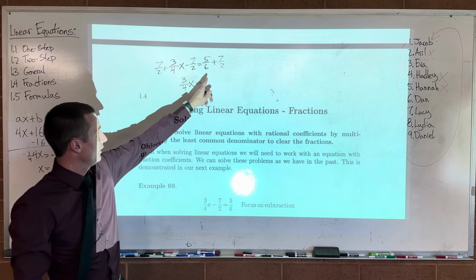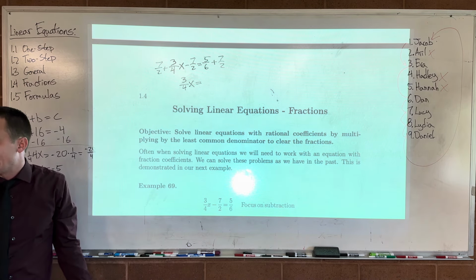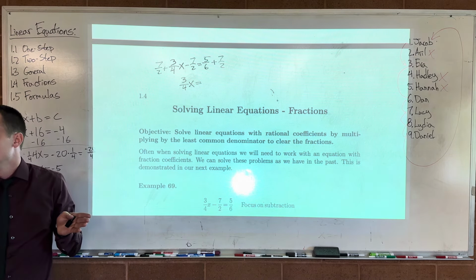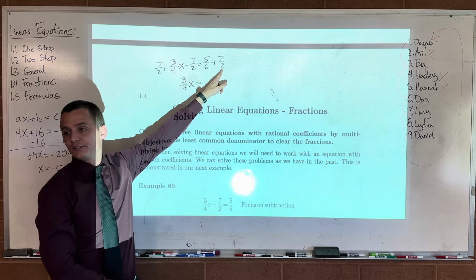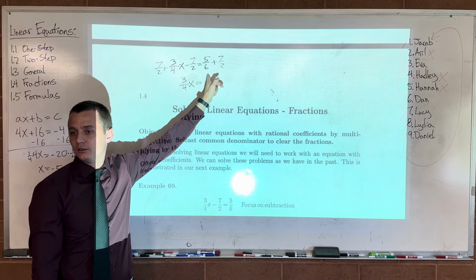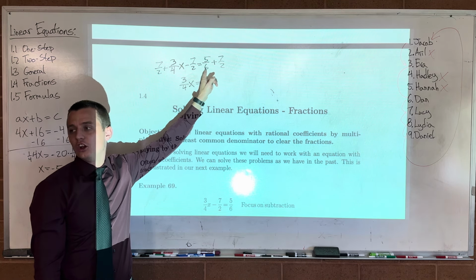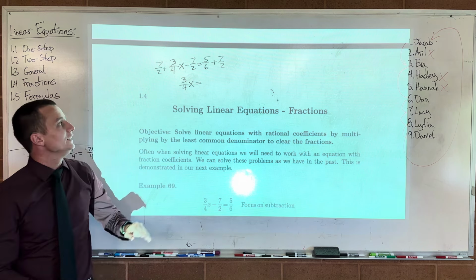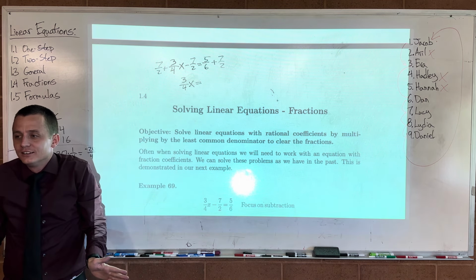Now over here we have 5/6 plus 7/2. If we're going to add those together, we've got to go back to how we add fractions together. Find a common denominator. What's the common denominator of these two? Think about it as slices of pizza.